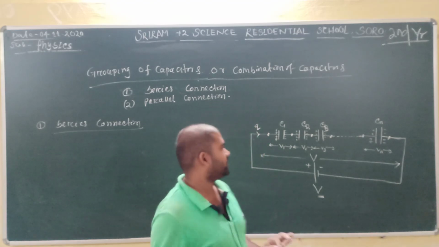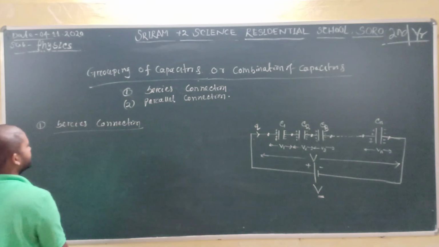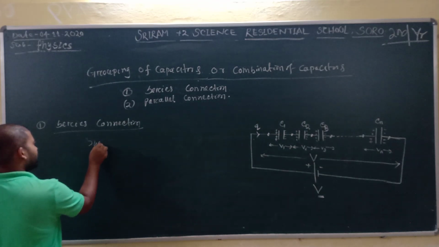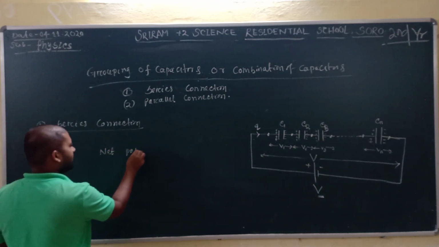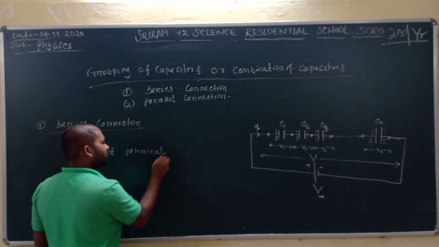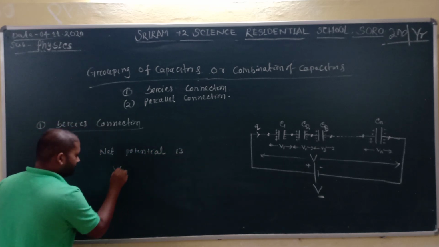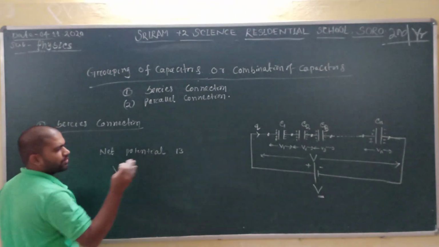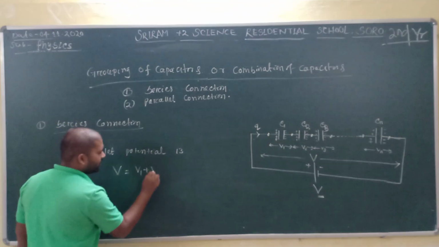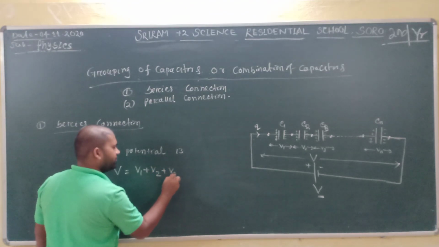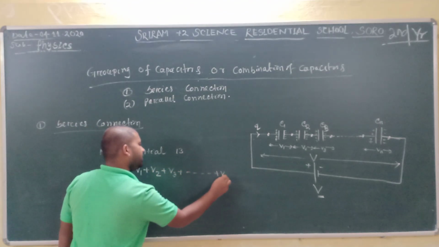As each capacitor produces a different electric potential, what will be the net electric potential? The net potential is the sum of all the potentials produced by individual capacitors, so that is V1 plus V2 plus V3 plus Vn.